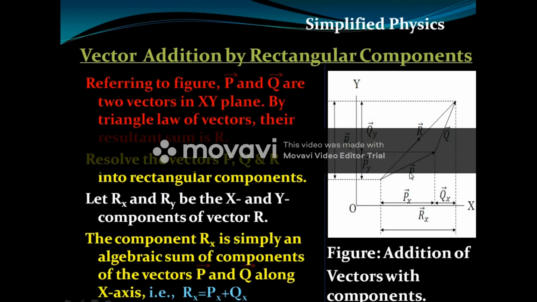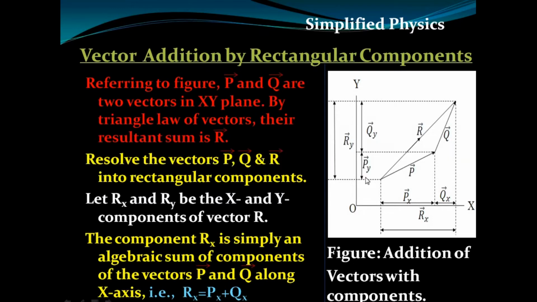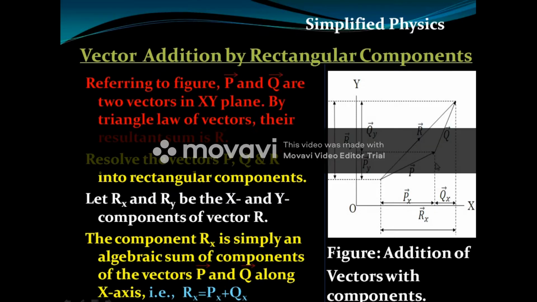For the vector P, the x component is Px and the y component is Py.